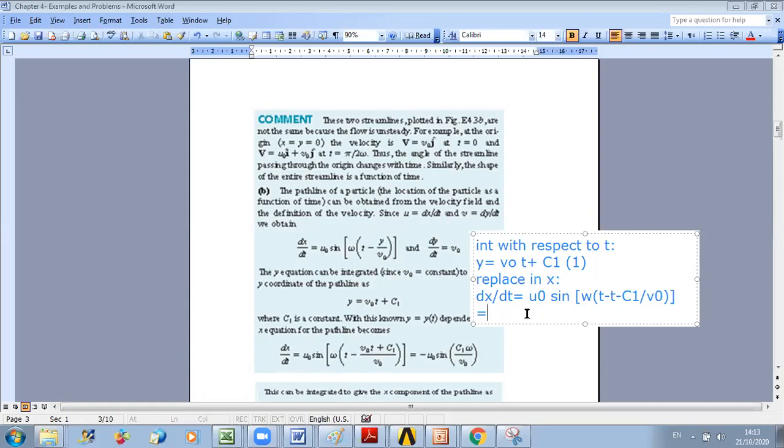So you get u0 times sine of minus omega c1 over v0. And if you want to take the minus out, because you know that sine alpha is equal to minus sine minus alpha, you can say that it's equal to minus u0 times sine of c1 times omega over v0.